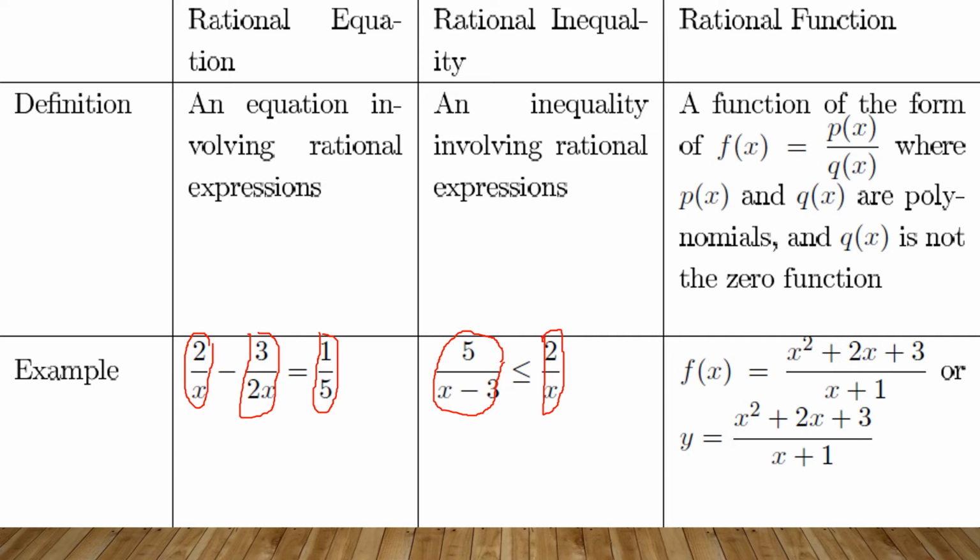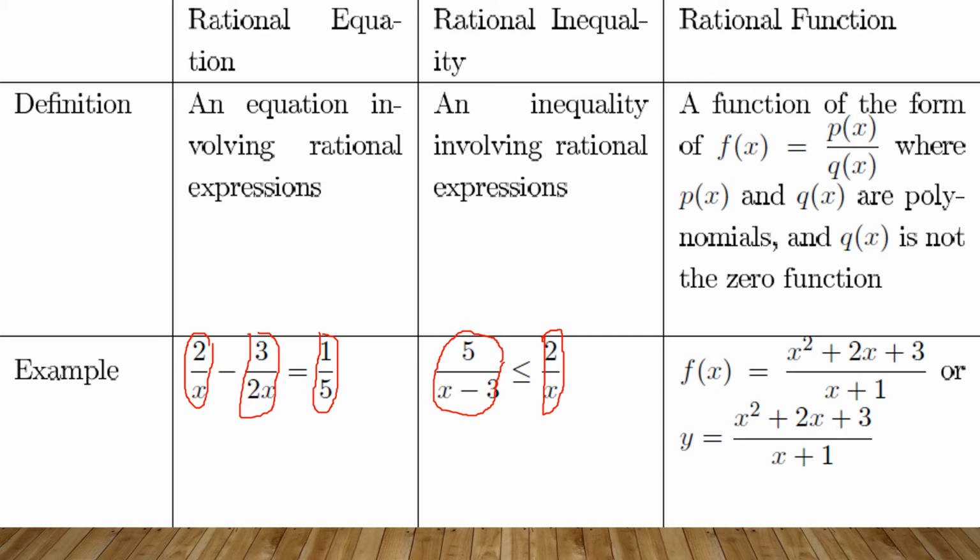And a rational function is also a rational equation, but the only difference between the rational equation and rational function is that a rational function has two variables, and the second variable is isolated.